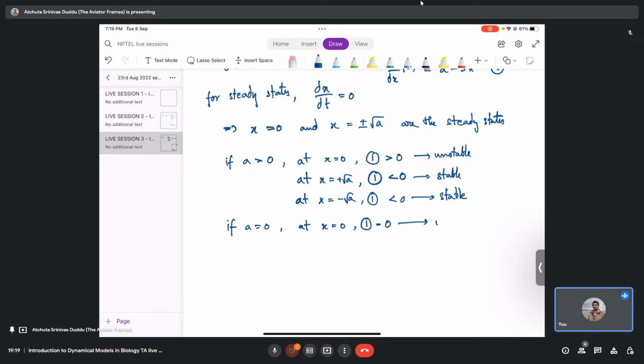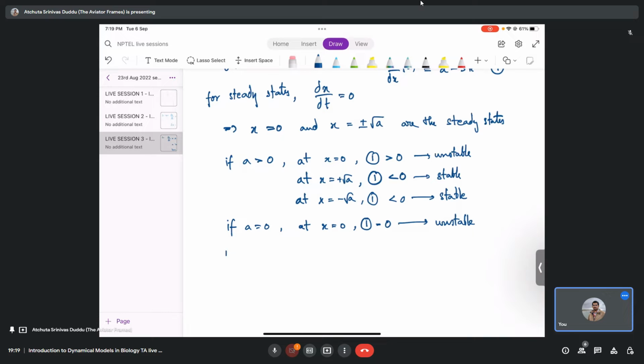So this would be an unstable system. Cool. So again here you see from a equal to 0 to a greater than 0, the stabilities are changing. That is, there is only one unstable steady state, and then there are two new stable steady states.